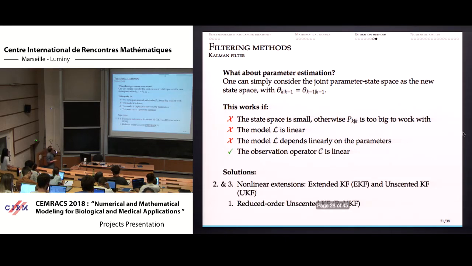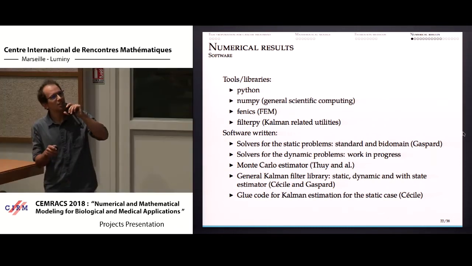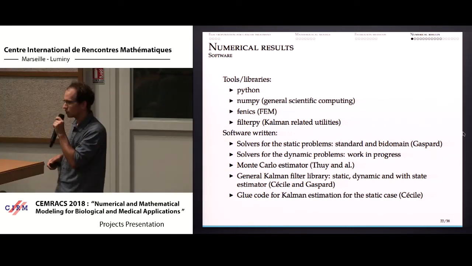To deal with the nonlinear part, we have extensions of the linear Kalman filter, and to deal with the huge state space we have the reduced order Kalman filter, which I will not talk about, but this is what we used. A very quick review of the numerical work we did.